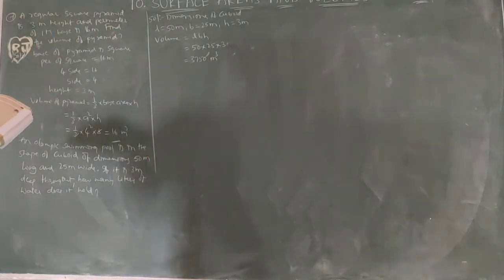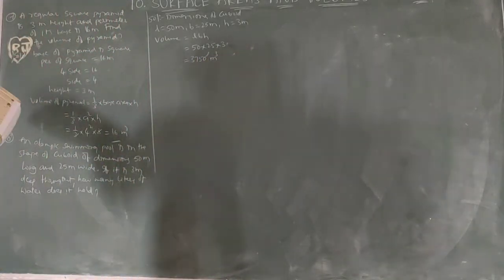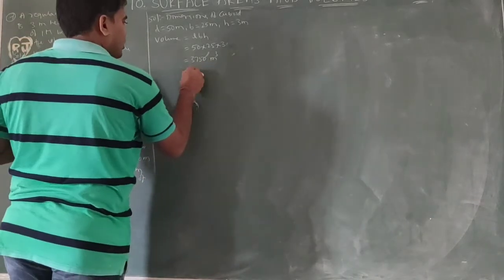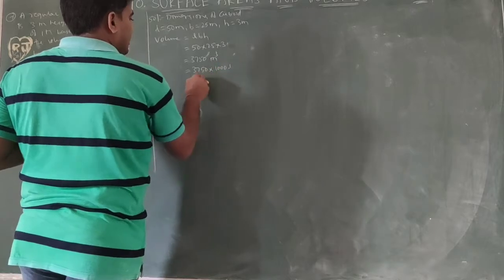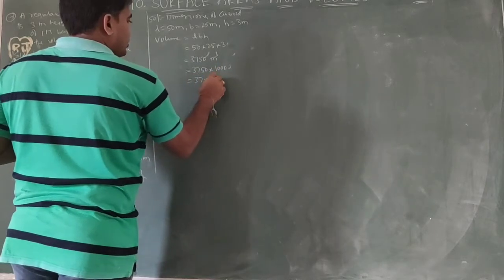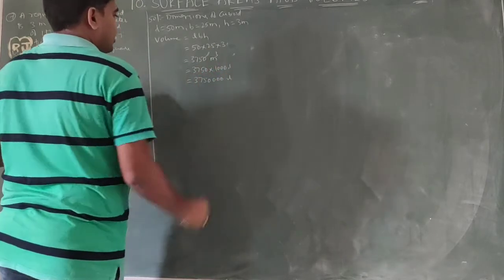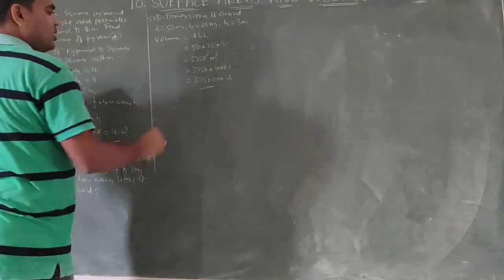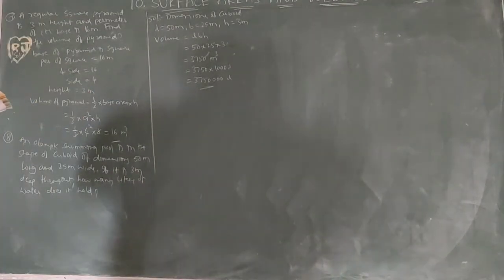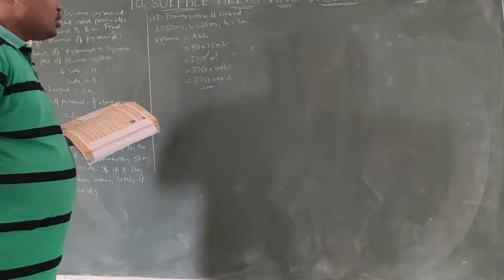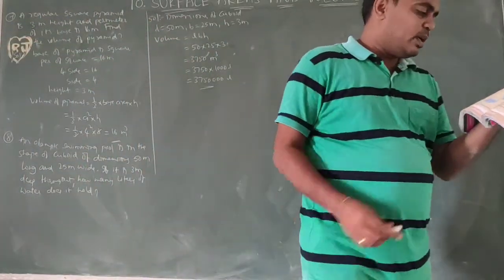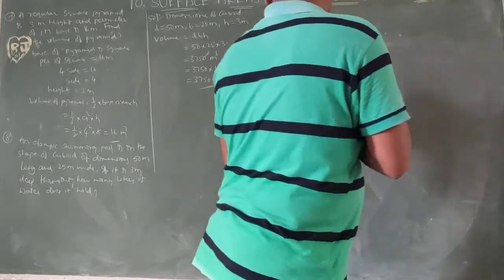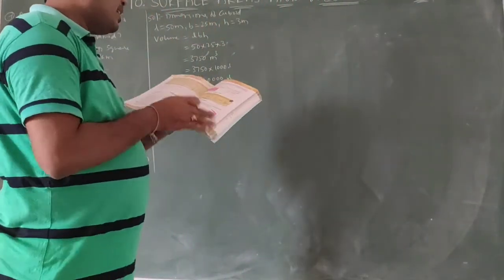Actually, 1 meter cube equals 1000 liters, so 1 cubic meter equals 1000 liters, which gives 3,750,000 liters. So this much water the swimming pool holds. Okay, now we will do exercise 10.2.